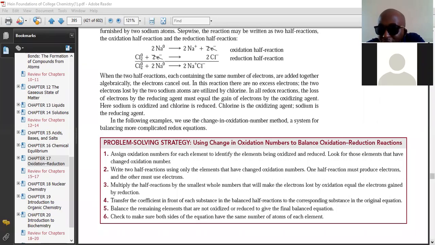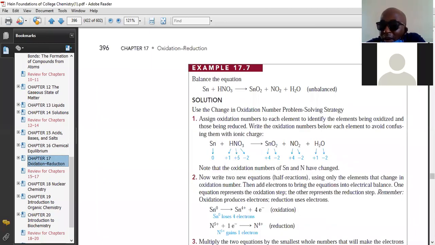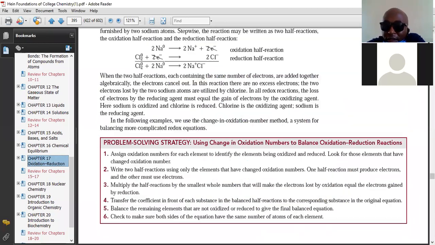So our topic is not very friendly. It's balancing redox. There are some rules to guide you in balancing redox. You can balance by inspection if you can.